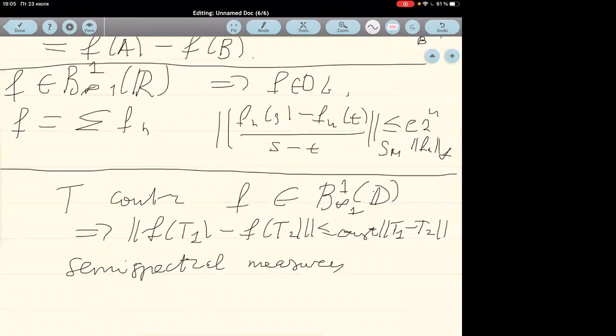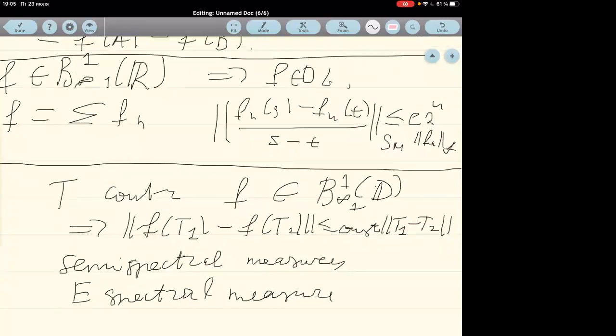So what is the difference between semispectral measures and spectral measures? If E is a spectral measure, then E of delta, if delta is a Borel set, is an orthogonal projection.